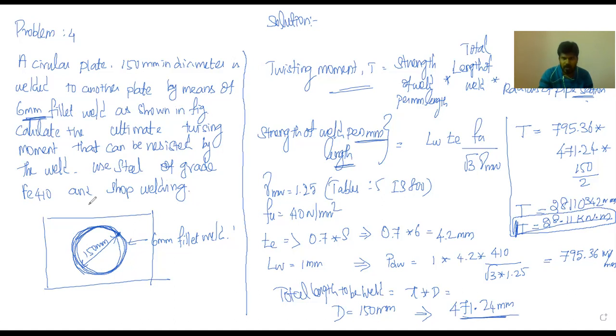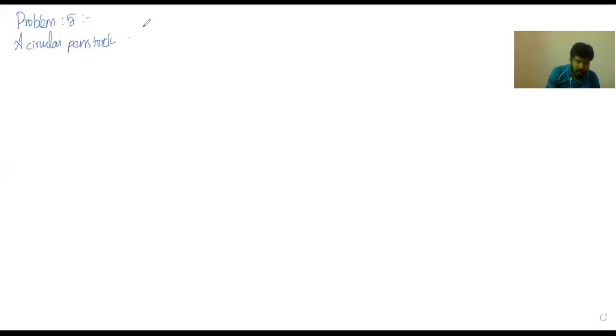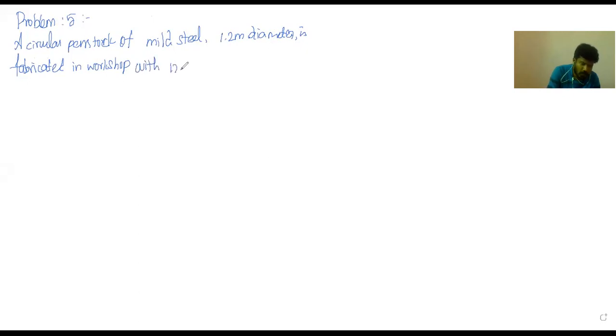So we'll move on to the next problem. Next problem, problem number 5. A circular penstock of mild steel, 1.2 meter in diameter, is fabricated in workshop, which means shop fabrication, with 12 mm thick plates.